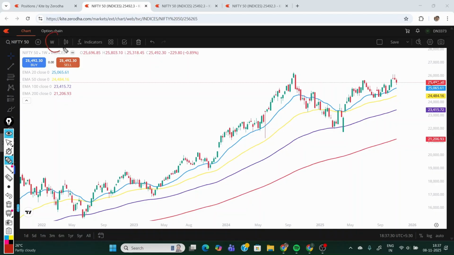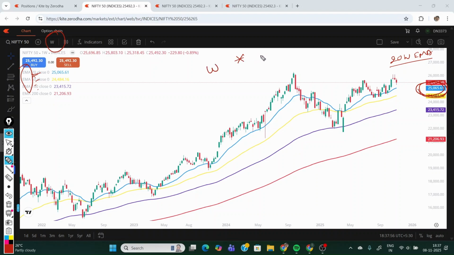Here it is a weekly time frame, and these are all EMAs of different durations: 20, 50, 100, and 200. We are still above the 20 period moving average, that is 20-week exponential moving average. The number is 25,065. Please note down or remember this from the weekly time period.